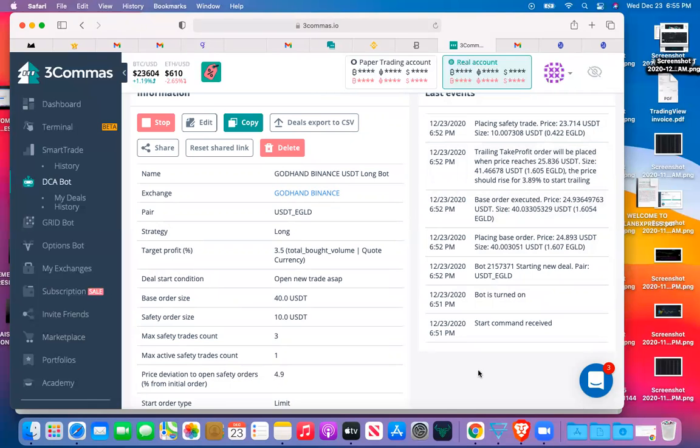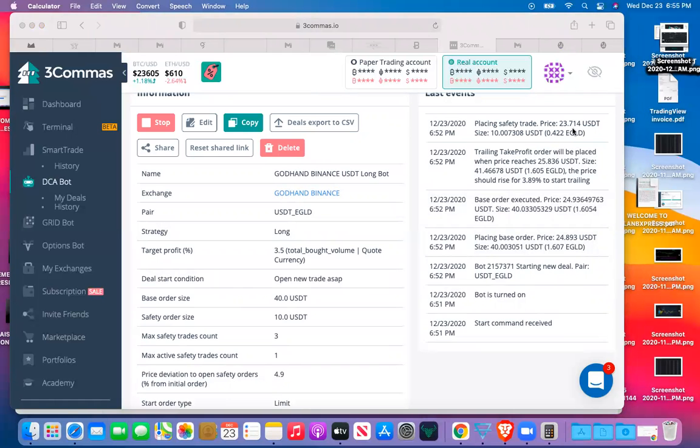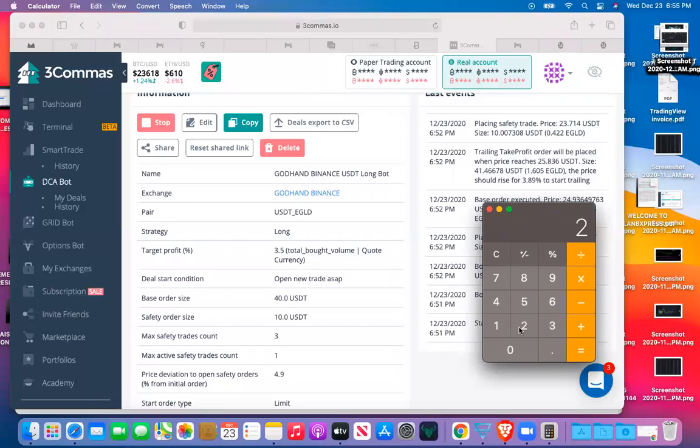Look at it. Let's do an example. Now it's going to do this. 23.714 plus how much? 24.93.